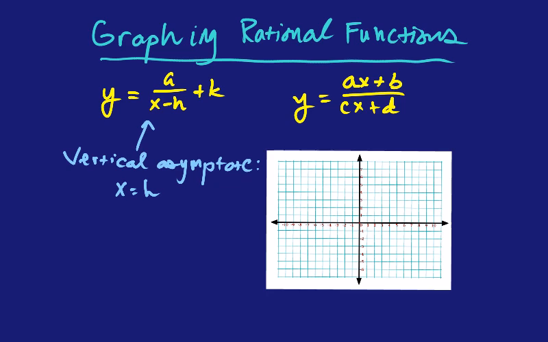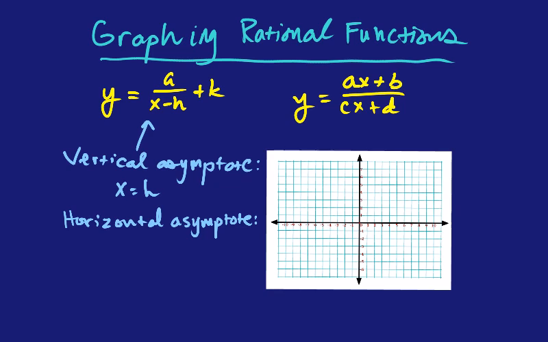The second thing is a horizontal asymptote, and sometimes teachers will have you discover where the horizontal asymptote is. I'll be very brief with it: you can assume that the horizontal asymptote is at y equals 0 in this form, unless there is a vertical shift.